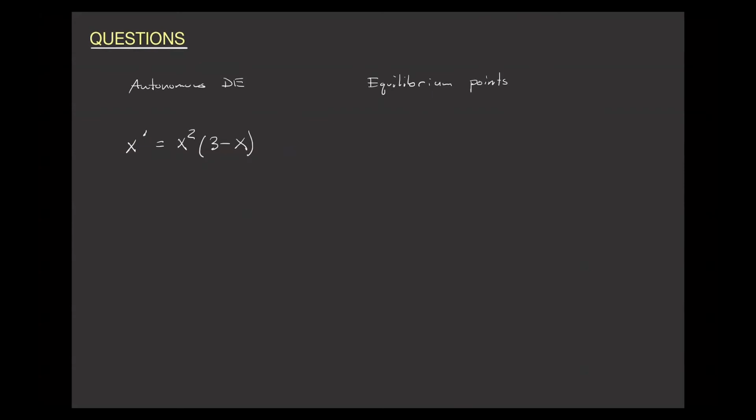The reason is, since it's autonomous, you don't have any change as the independent variable changes. In this case, we'll say t is the horizontal axis, x is the vertical axis. Think about looking at this differential equation and finding out where the slopes are 0. They're going to be 0 wherever this equation is 0.